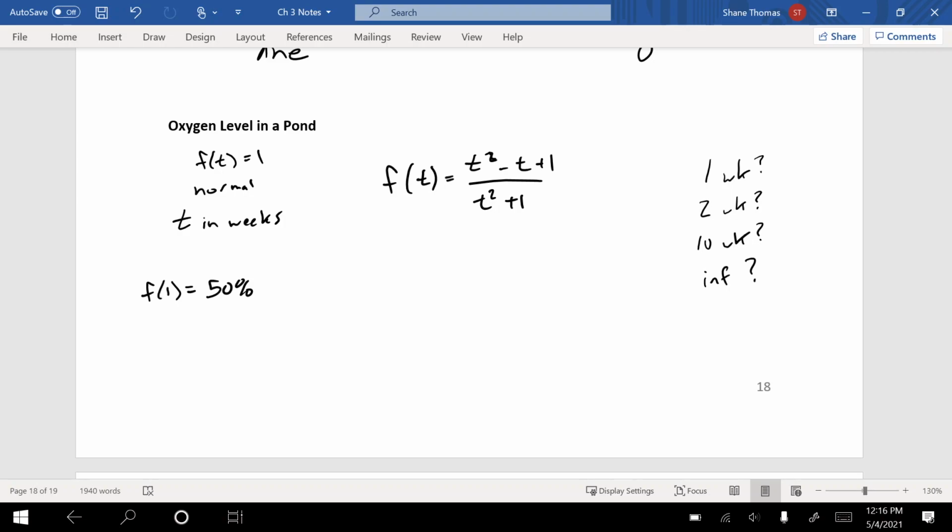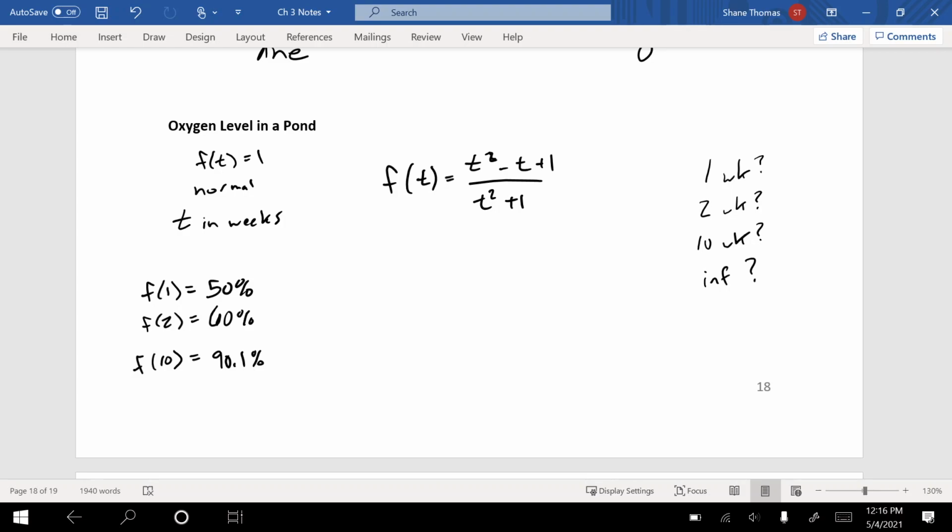Plug in a 2, what happens? I plug in a 2, and I'm going to get 60%. Simple whenever I can just plug a number in. I want to know at a certain week what's the pollution level. And then at week 10, plug it in, I get 90.1%. So it's not looking too good for this pond, is it?